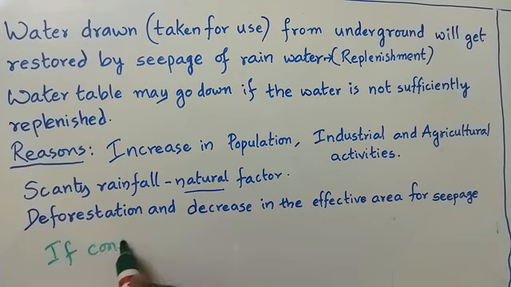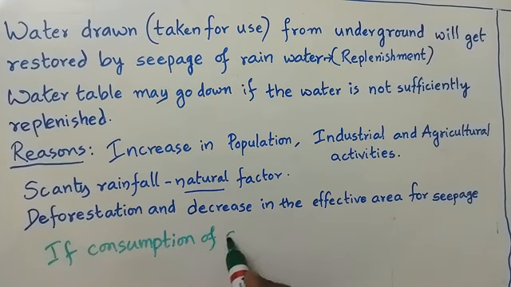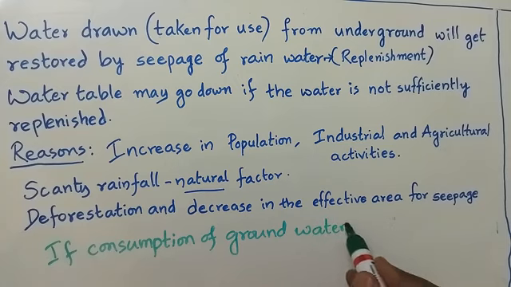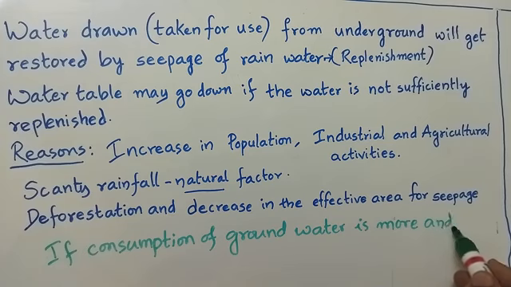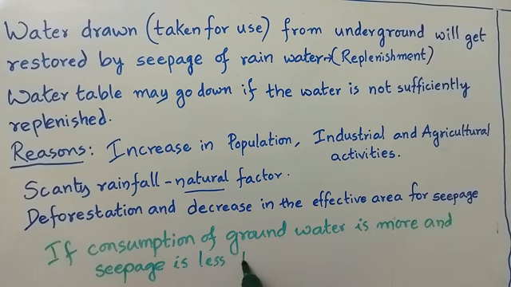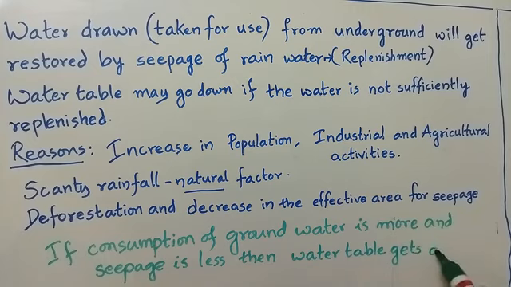If consumption of groundwater is more and seepage is less, then the water table gets depleted.